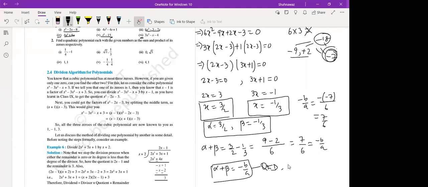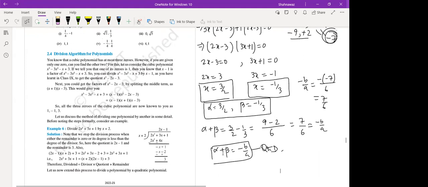Okay, and if you want to take the screenshot, we have to calculate alpha into beta also. So let's calculate alpha into beta. Alpha into beta will be minus 1/3 into 3/2, so this will be minus 3/6. And what is c by a?